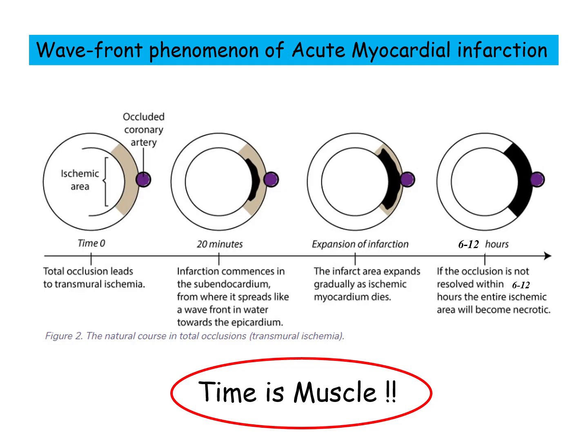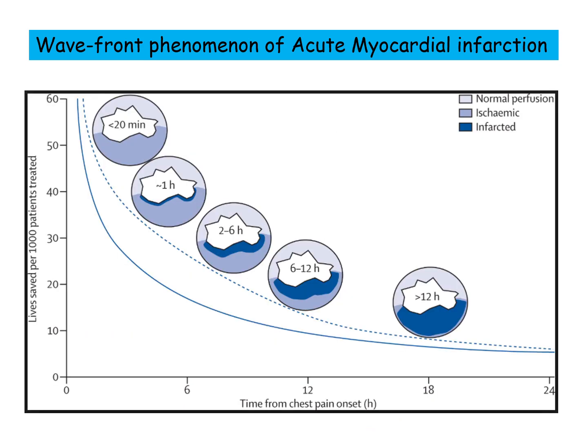This is very important for the management of these patients because it implies that if patients present with ST elevation myocardial infarction, you have to treat them as early as possible to save myocardium as much as possible and to save lives as much as possible. As you see in this slide, on the y-axis is lives saved per 1,000 patients treated, and on the x-axis the time from onset of chest pain to the treatment or to opening up the occluded artery.